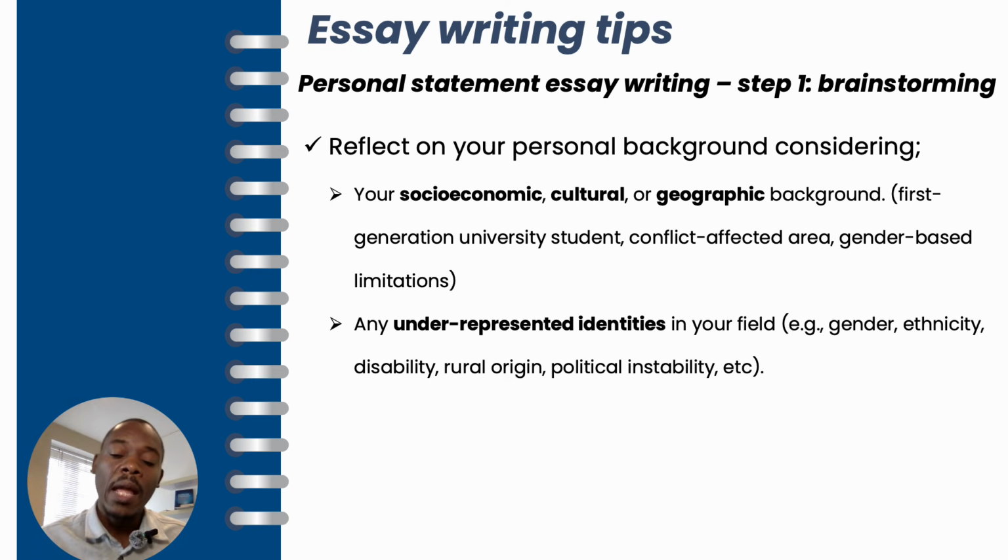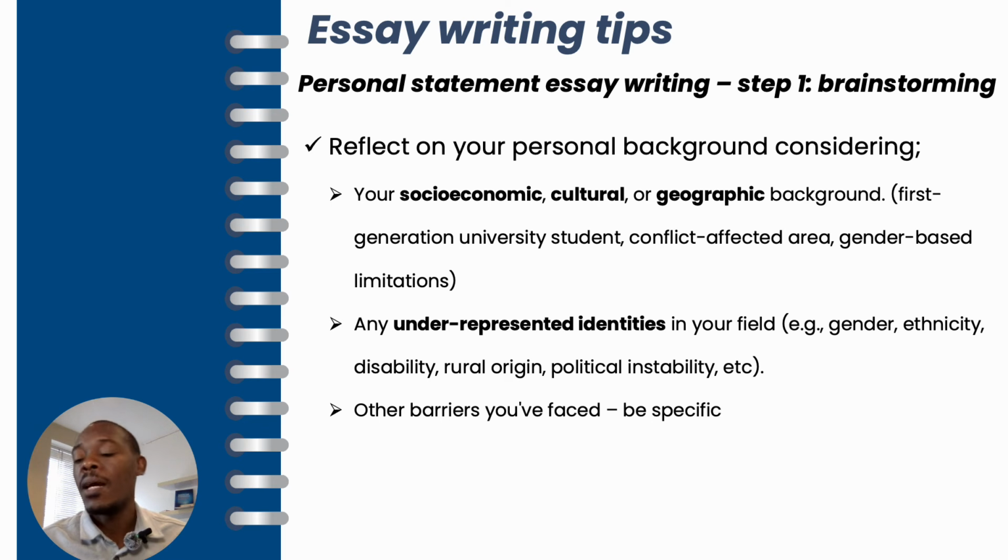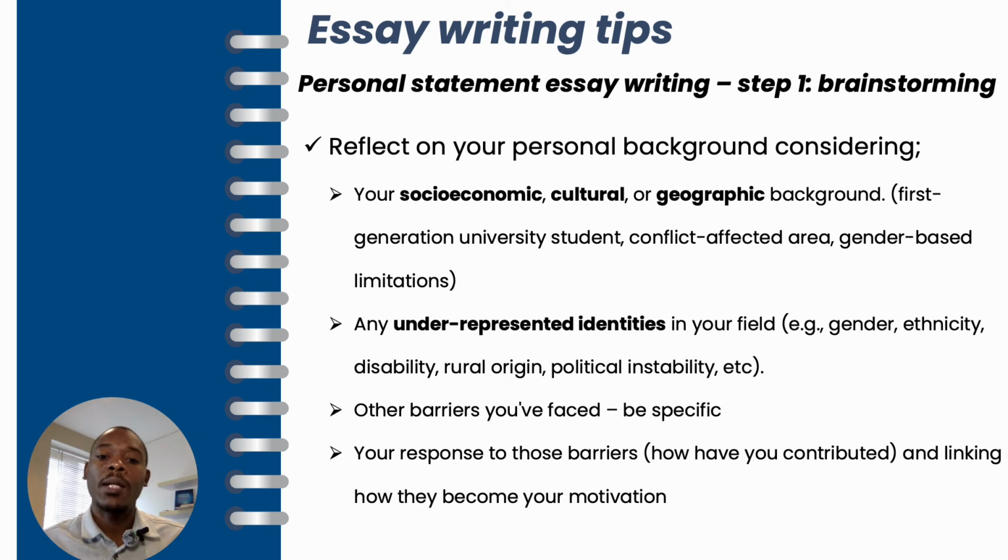So all that can be considered as you are brainstorming on what you are going to include in the essay. You can also consider other barriers that are very specific that you've faced, so you should be able to be specific on those barriers and the response that you've undertaken to these barriers. So you brainstorm on how you have been able to respond.